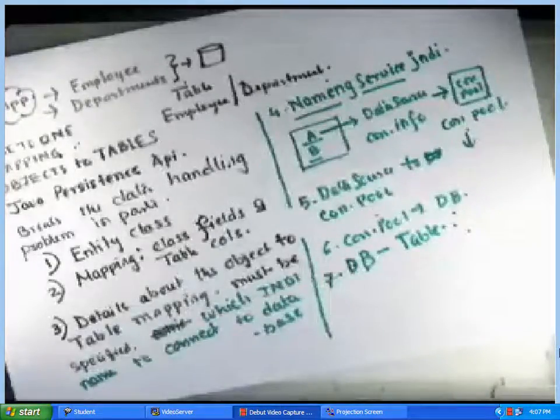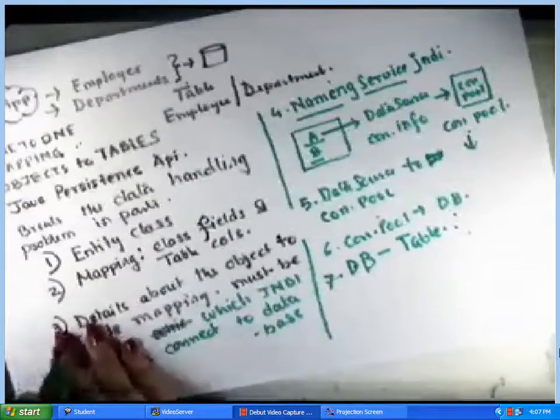Firstly, we have seen that there is something called an entity class. Now in an entity class, what do we get? In an entity class, we will have the same structure. Let's say if this is an employee class, we will get the same structure in case of the table columns.